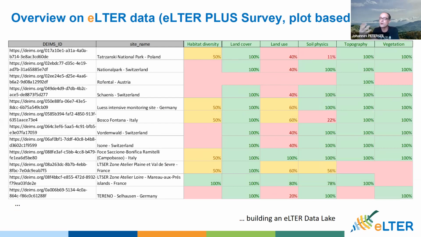So it's 1 year or every 5 years, where we have information on habitat diversity, soil physics or soil characteristics, or vegetation.